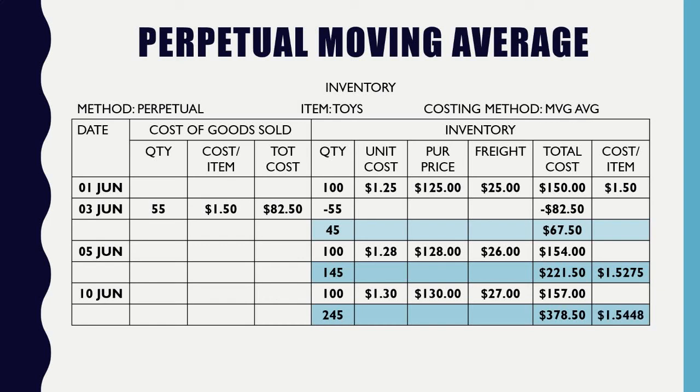So if I take my $378.50 and divide it by my 245 items, I should get a total of $1.5449. Okay? So every time I sell something, it's going to cost me $1.5449. All right.